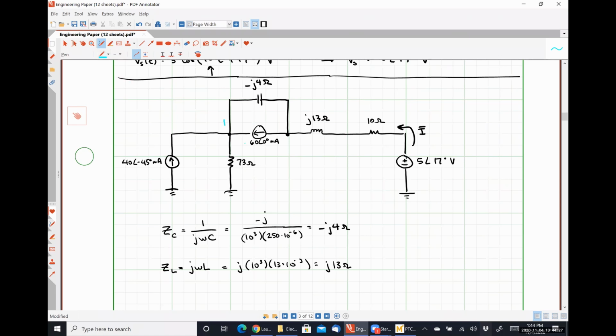I can observe that I have a practical current source right there, and another practical current source right here. So I would argue that if I do source transformations on both of those practical current sources, this will become a single loop circuit, which will be trivial to analyze.